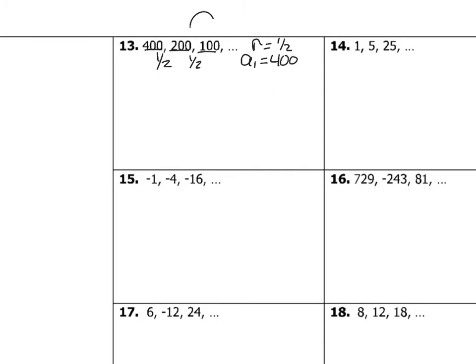So we're going to plug it into our formula again. It's A1 times your ratio to the n minus 1. So A_n equals 400 times 1/2 to the n minus 1.